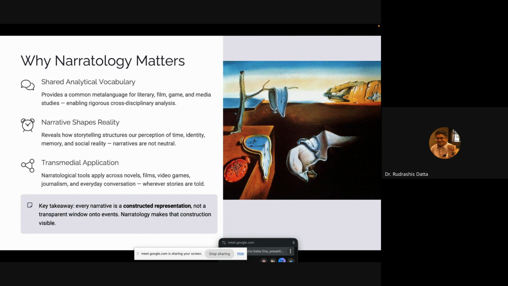Constructed by whom? By the writer or by the director or by the playwright, in order to focus on how he or she wishes you to approach a plot. Right?